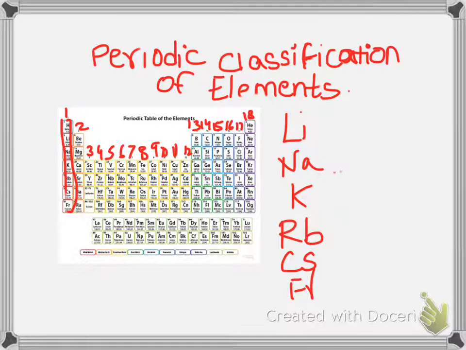Now this is not only about the first group, it is about all the groups in the periodic table. The elements in the same group have the same chemical and physical properties, the same electron configuration, the same valence electrons and so on. So these are the groups.